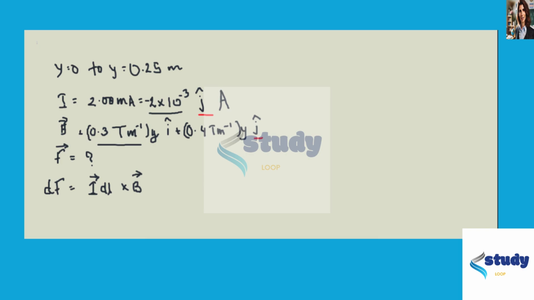So dF equals minus 2 into 10 to the power minus 3, and B is 0.3 times y, and dl is dl.